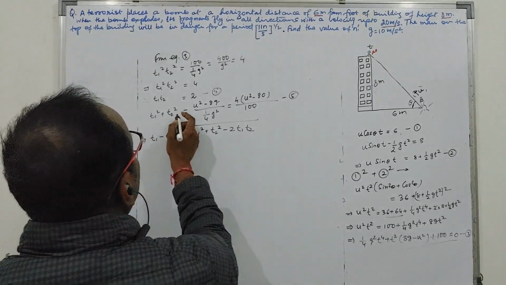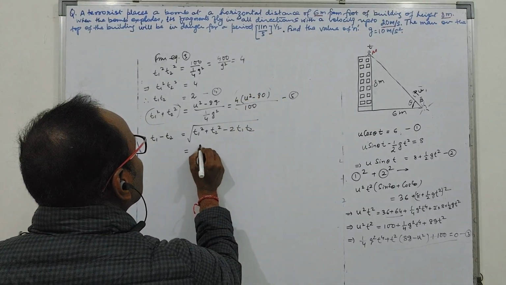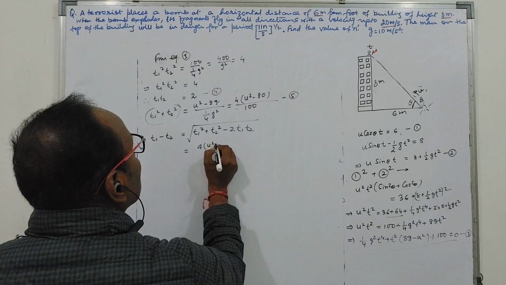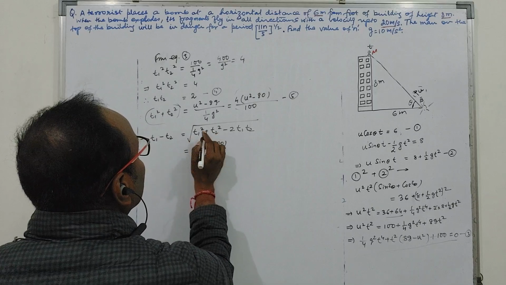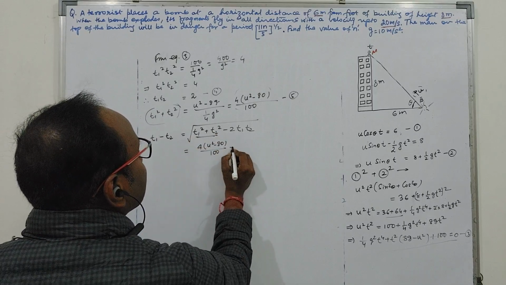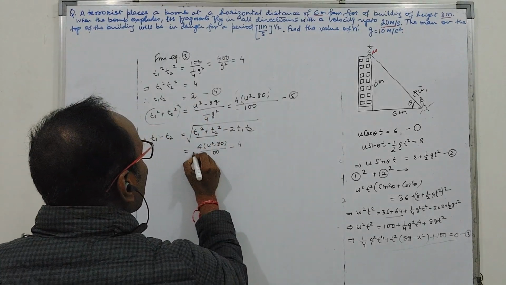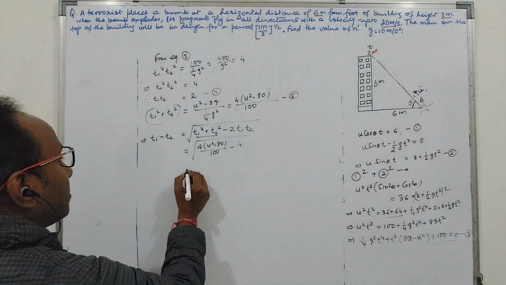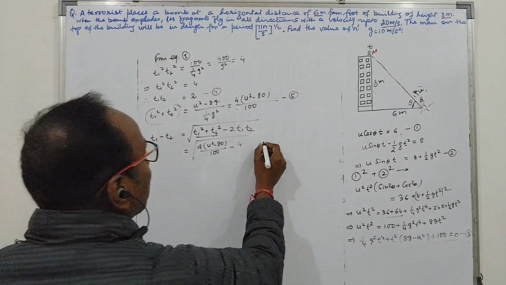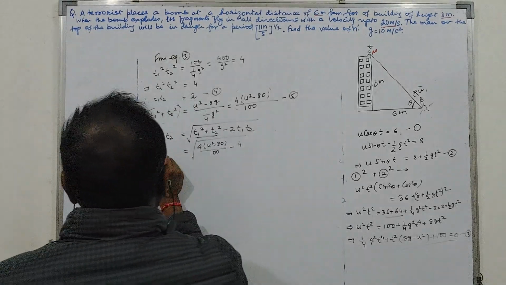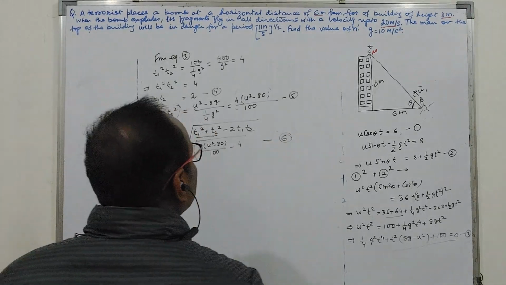Okay, t1 square plus t2 square you can get from here. So you just write here 4 into u square minus 80 by 100 is t1 square plus t2 square, minus 2 into t1 t2 is 4. So we got the expression for t1 minus t2 as number 6 equation.